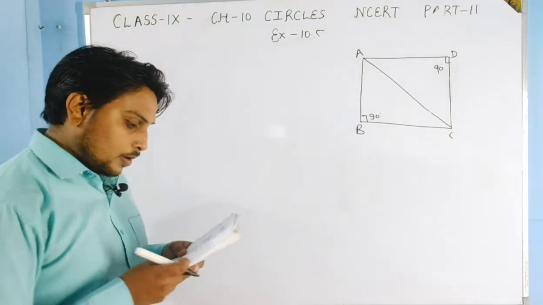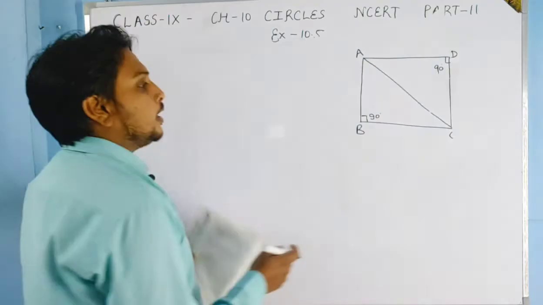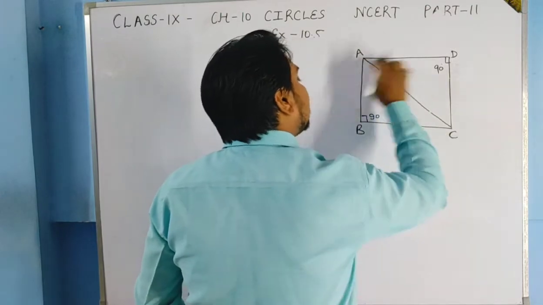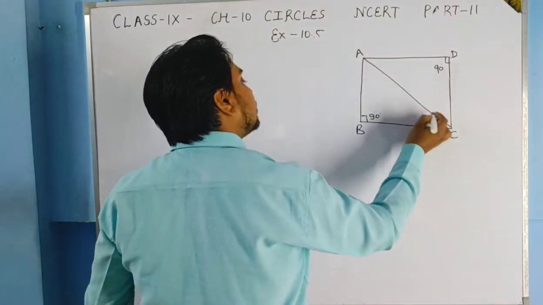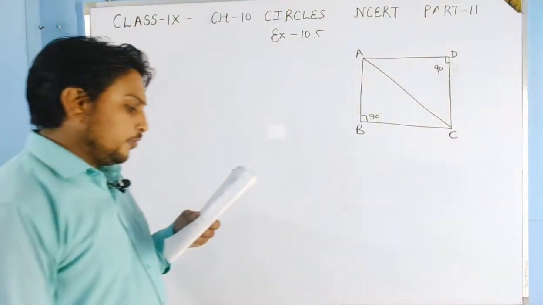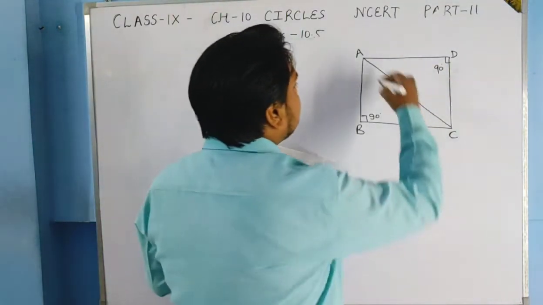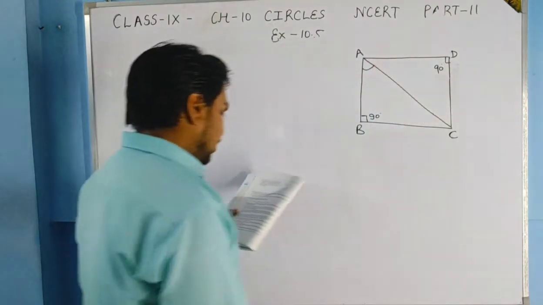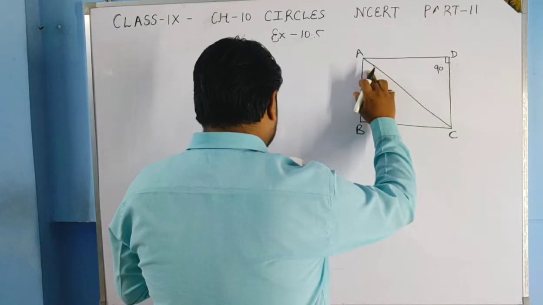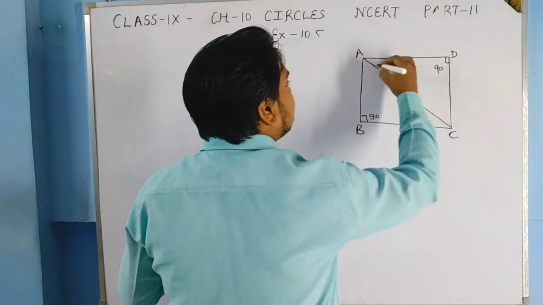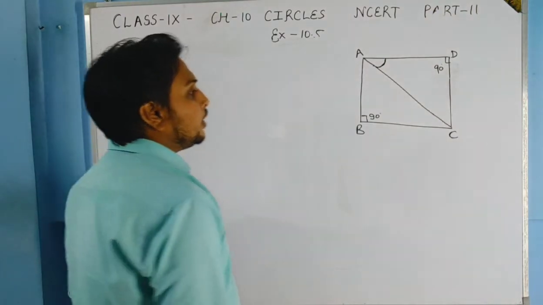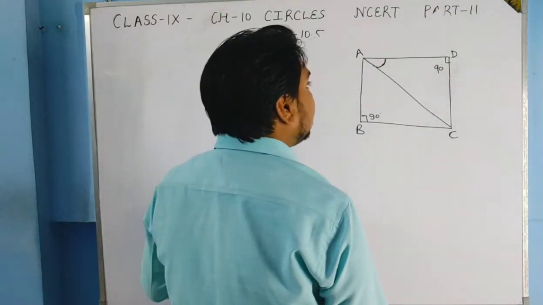Okay, with common hypotenuse AC. For both the triangles, triangle ABC and triangle ADC, what is the hypotenuse? The hypotenuse is the side AC. Okay, so we have to prove that angle CAD, means this angle, is equal to angle CBD.